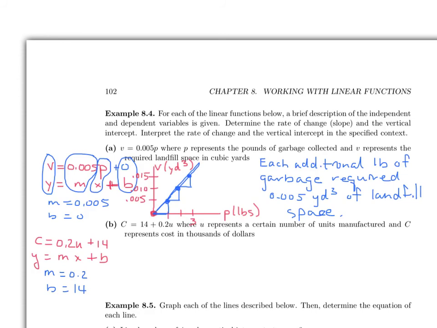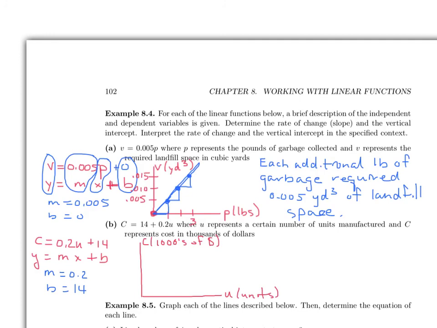So next we want to graph this line. We have the letter U on our horizontal axis and C on our vertical. C is cost in thousands of dollars, and U is the number of units that have been manufactured.